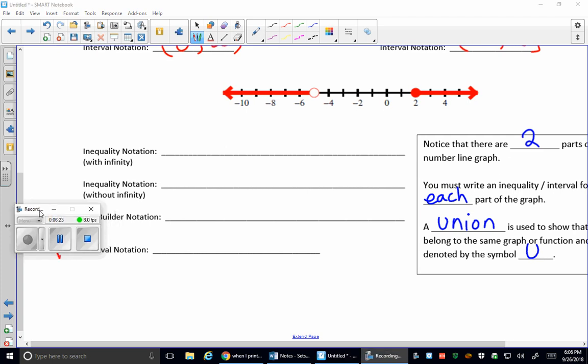Okay, so as we go through this part, the inequality notation with infinity. Negative infinity is on this side, and that's a terrible looking infinity. On this side is positive infinity. X can be inside this interval, and we're missing the negative 5 value.